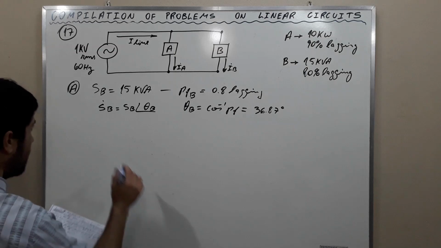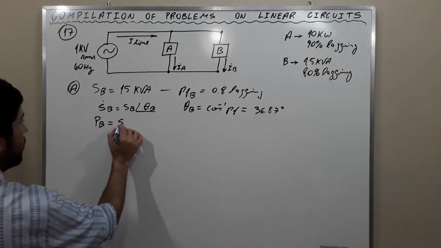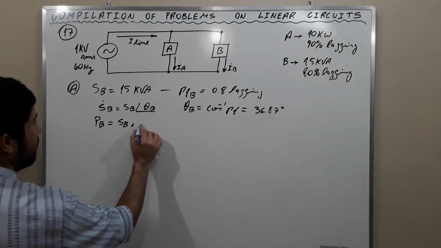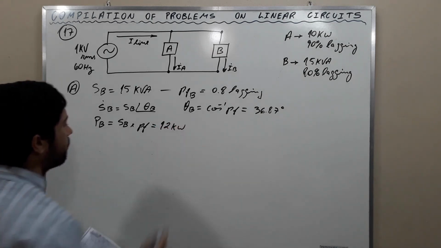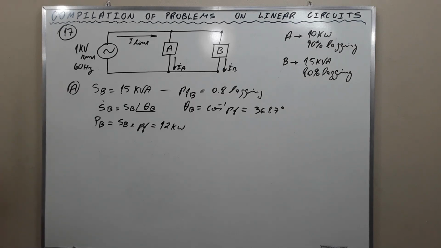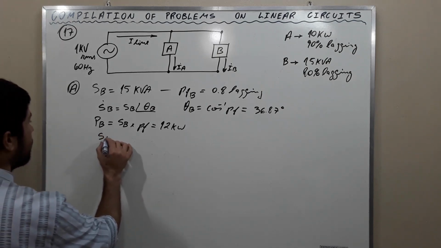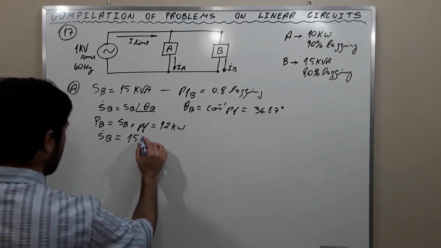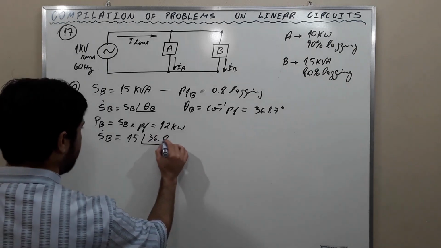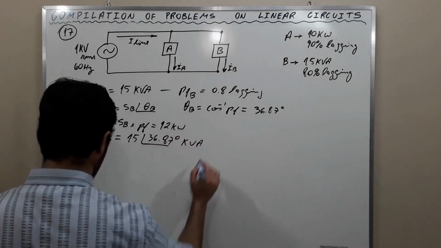In this way, the complex power is equal to the apparent power at an angle, and the real power is going to be equal to the apparent power times the power factor, which is 12 kilowatts. In this way, we find the value of 15 phase 36.87 degrees kVA.